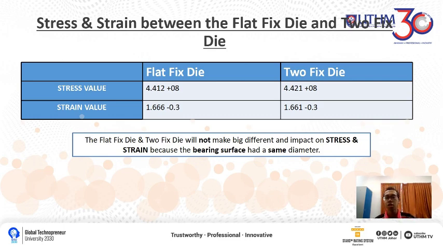The wire drawing is done from the bigger wire to a 1mm output. So with the same output, the stress and strain values are still the same, not in a big difference.